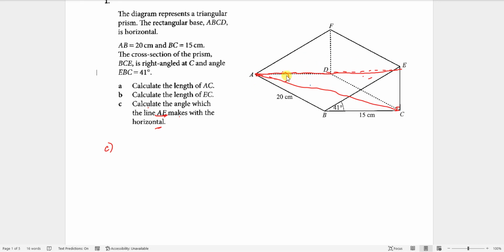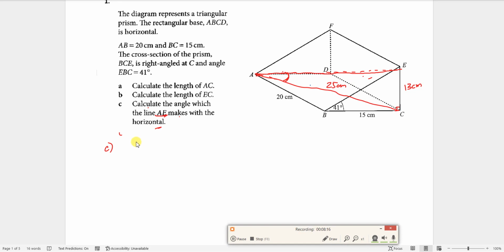So the easiest way is to just get the angle of this. So you see in the previous questions we got EC. What was EC? EC is 13 centimeter. And then we have this side, which was 25 centimeter. Okay, so let's redraw this diagram again.